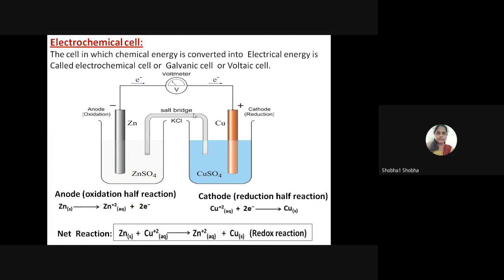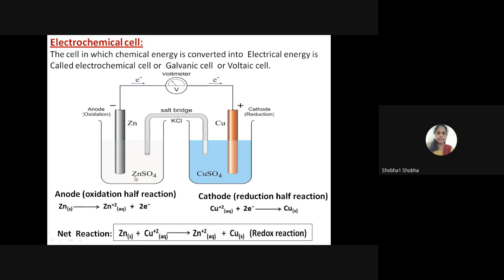I would like to show one video to understand more clearly. First, the salt bridge: in this gel, KCl is present. So what is the use of it? For example, here zinc plus 2 ions, the cations, are increasing.